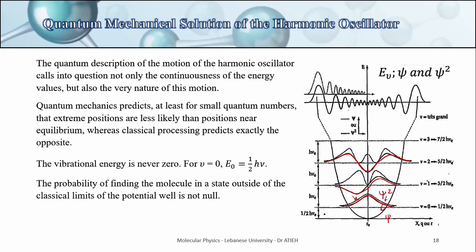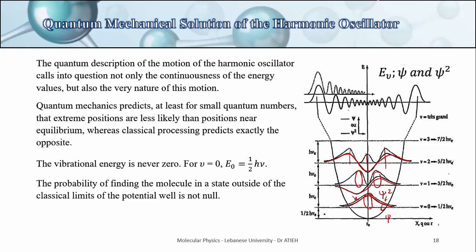So you can see that the probability of finding the particle in the energy level 0 is the highest in the middle, close to the origin. And for the second energy level, the highest probability is found approximately here and here.